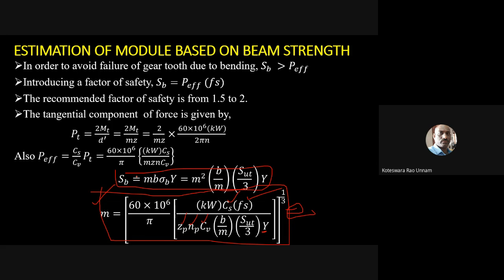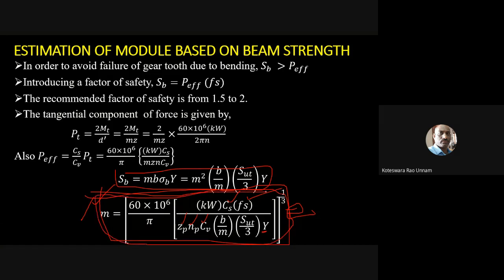Next, you have another approach. Like we discussed in the earlier class, gear teeth are going to fail in two ways. One is due to excessive load, static and dynamic loads. That can be avoided using this equation. If you design the gear tooth based on this equation, you can avoid failure due to static and dynamic loads.